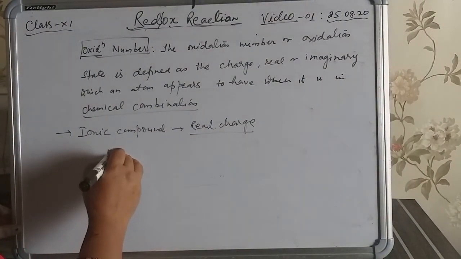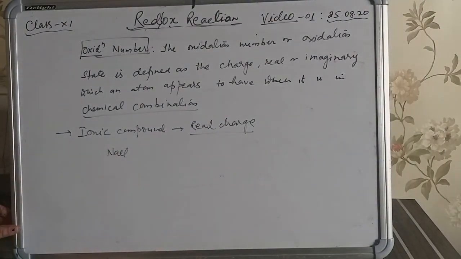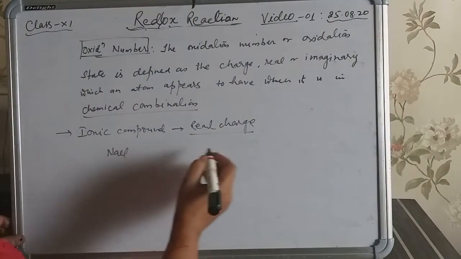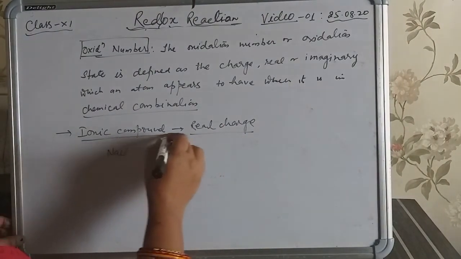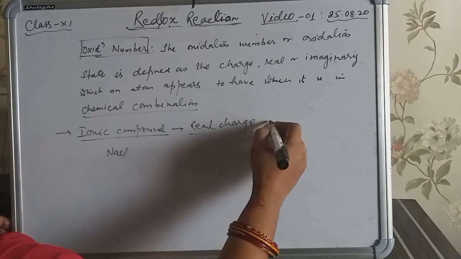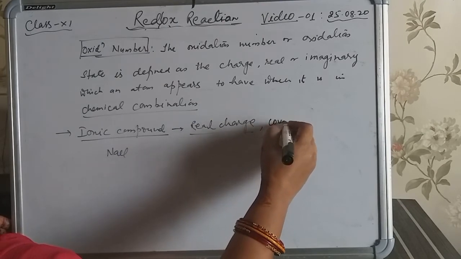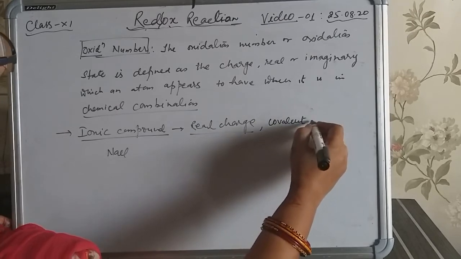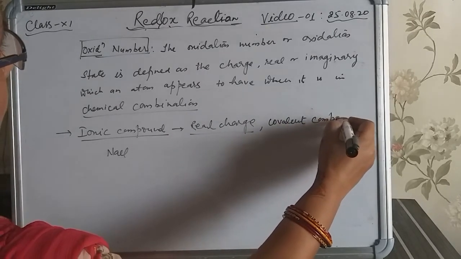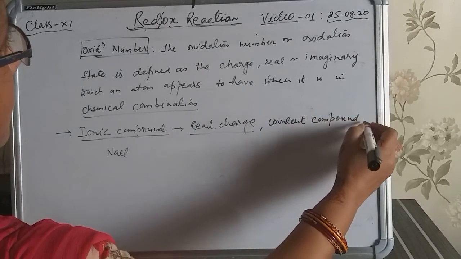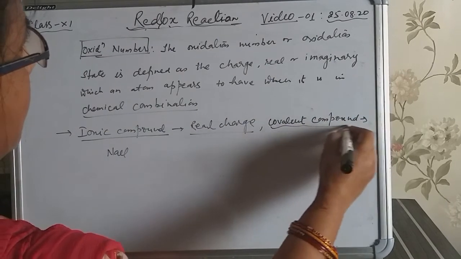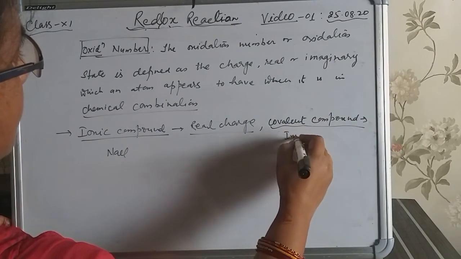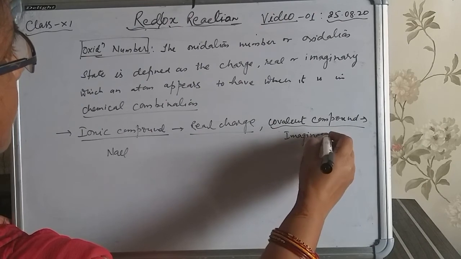For example, if an ionic compound such as NaCl is taken, we consider the real charge, and for covalent compounds, we take the imaginary charge.